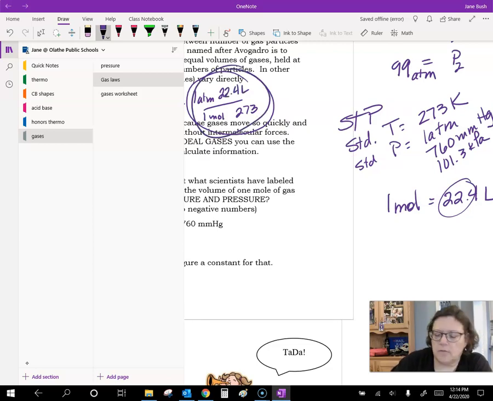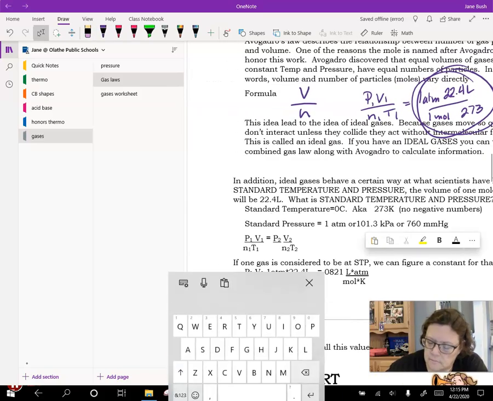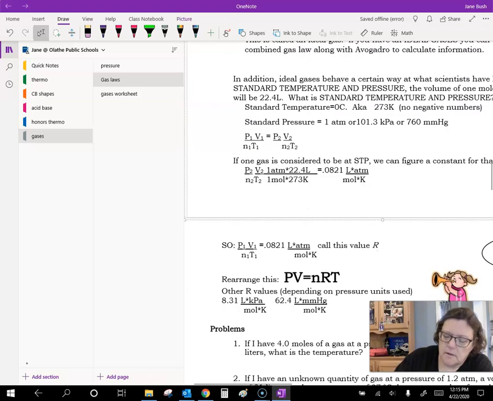If you do the math for that, you come up with what we call the ideal gas constant, which they use R, don't know why, and it equals 0.0821. Here's the relationship down here. This is what we just talked about.